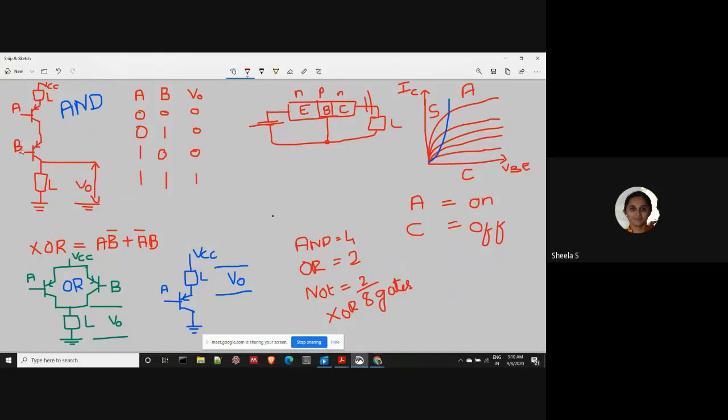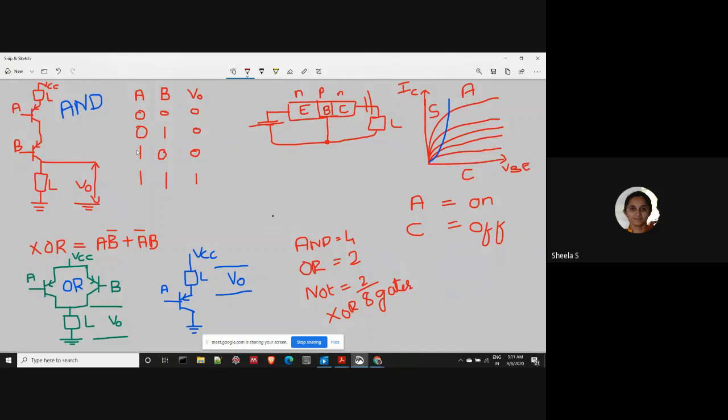When both the transistors are turned on, then there will be a flow of current from VCC to ground. So then the output voltage will be equal to 1. So this operation is nothing but AND operation. So to get logical AND operation, we are going to use transistor circuit which I have mentioned here.